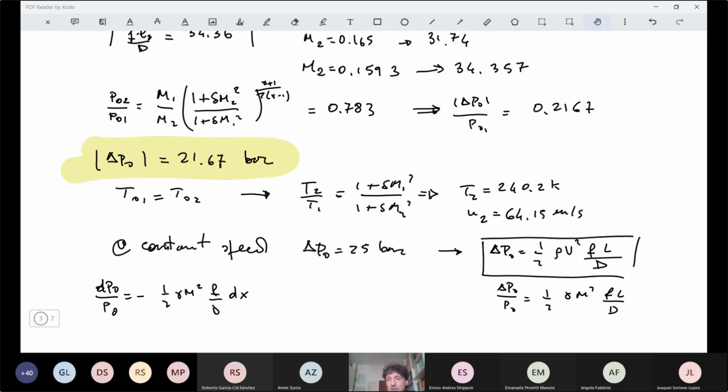So what happens in the case of gases is that to have constant speed, you need to do something that compensates the increase of the Mach number. This can be, for instance, a change of the cross-section diameter that makes our channel diverging.